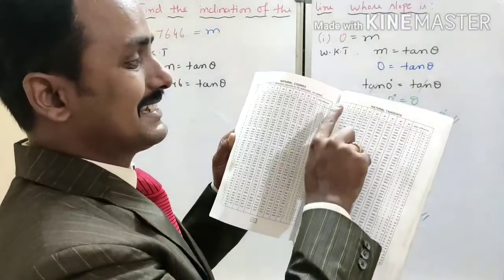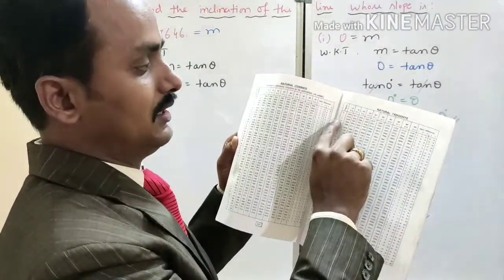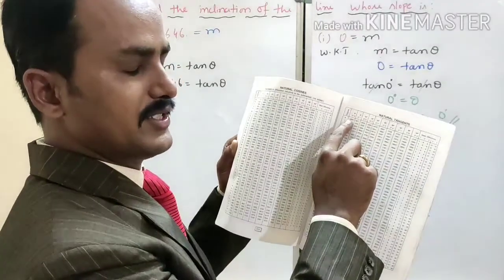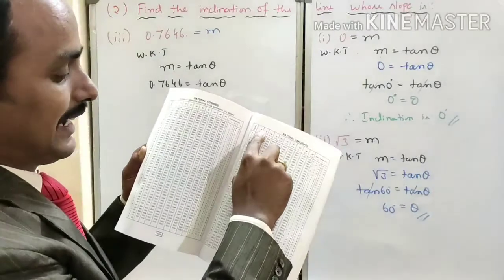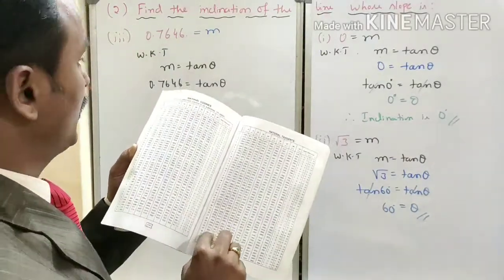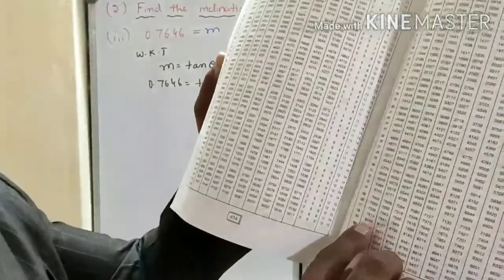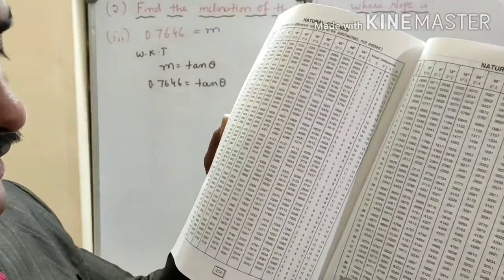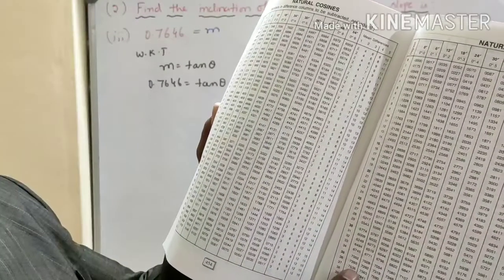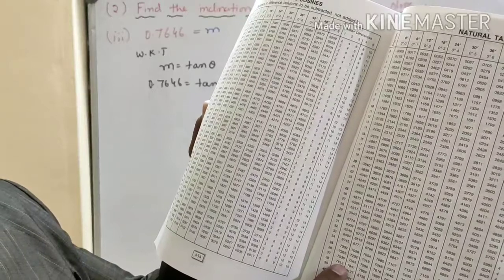Then the second column starts with the respective values: tan 0 degree is 0.00, like this. I will check the second column for what we want, 0.7646. Look here, dear children. 0.7646, is it correct? Look here, 0.7536 is this. Next is 0.7813, more, it became more.